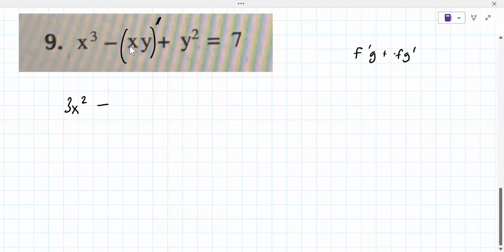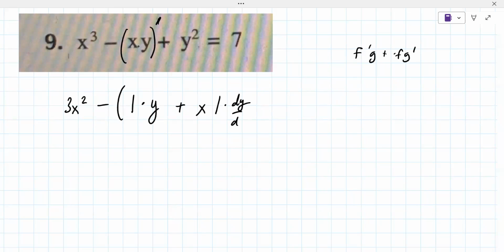It means you take the derivative of the first. So the derivative of x is 1. You keep the second, that's y, plus you keep the first, x, and the derivative of the second is 1 dy dx. Again, you treat y as if it's an x when you're taking derivatives, and then you always append a little dy dx there.